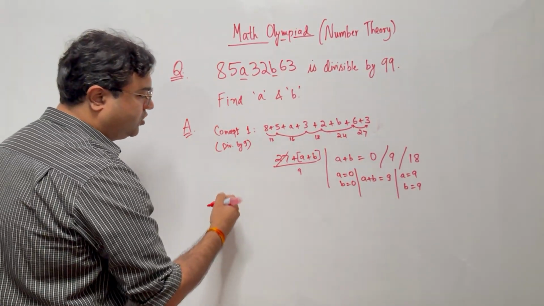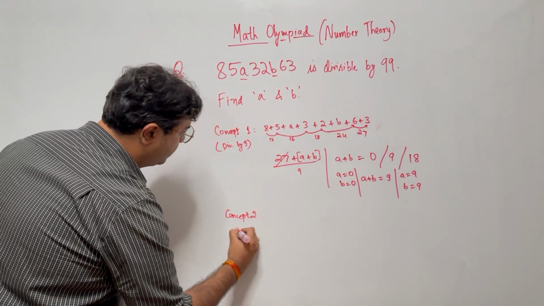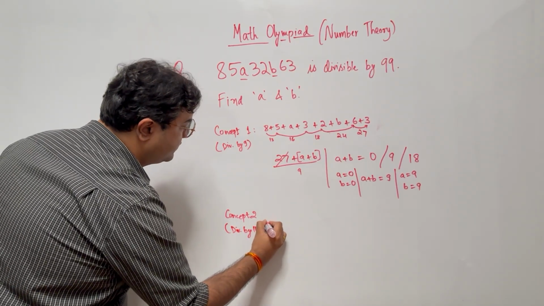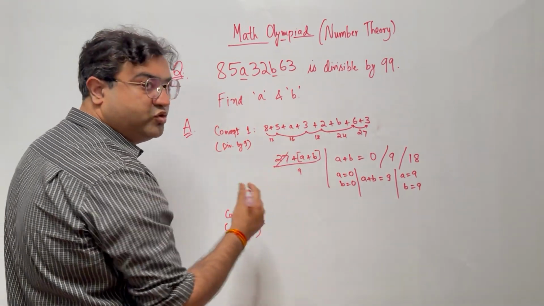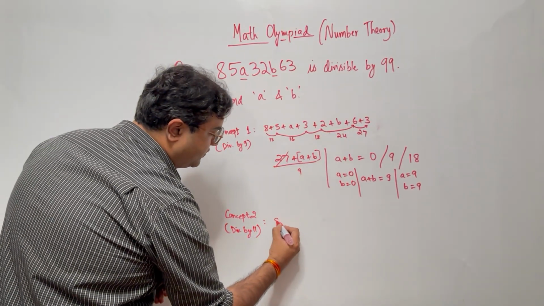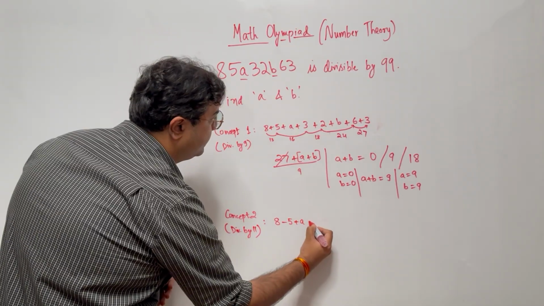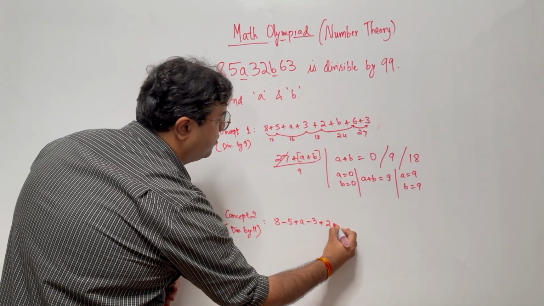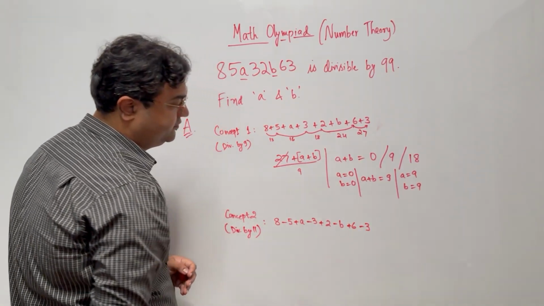Okay, now let's go to concept 2, which is divisibility by 11. So we have to now do an alternate addition and subtraction. So 8 minus 5 plus A minus 3 plus 2 minus B plus 6 minus 3.